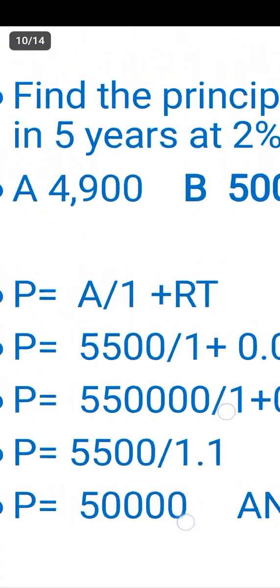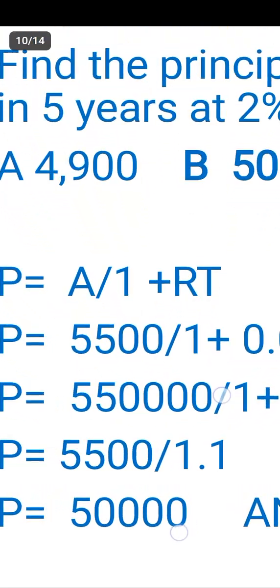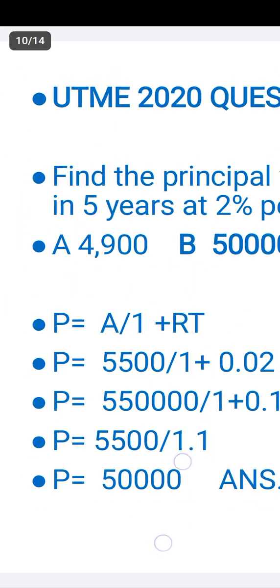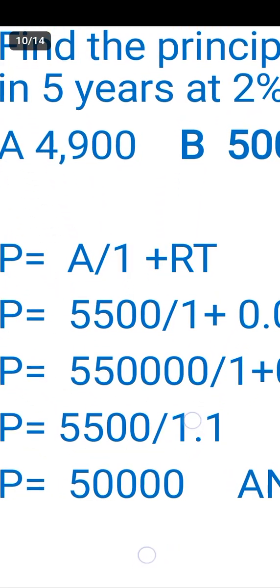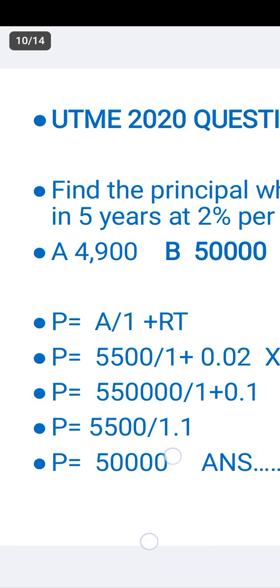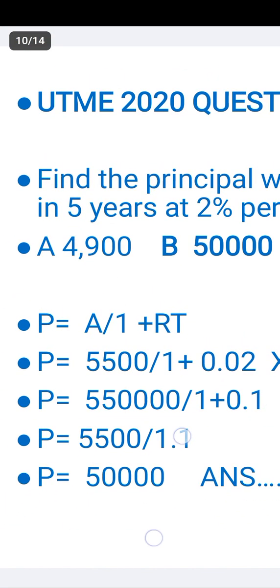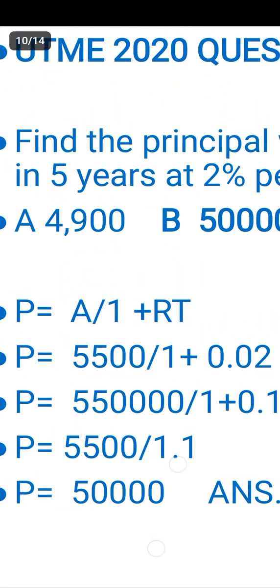If you use your calculator to resolve this, you will have P is equal to what? 5,000. Not 50,000. The typographical error that affected this one also affects this. So correct it as you are copying it to be P is equal to 5,000.